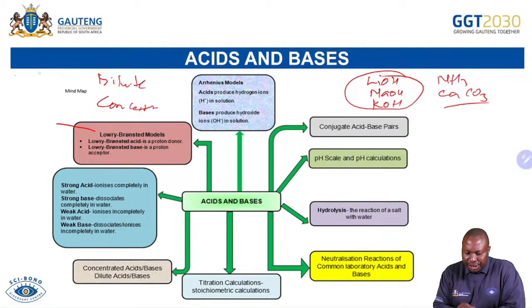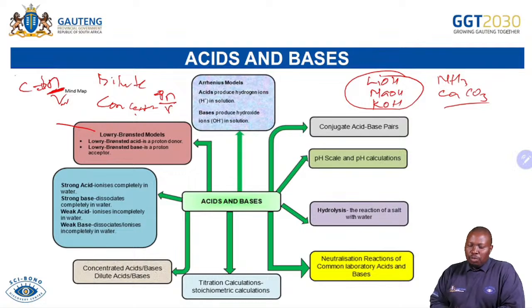Remember, concentration we said is n over V. So dilute simply means we have less number of moles of particles in proportion to the volume of water. But concentrated, we are saying we have more number of moles of a substance in proportion to the volume of water.